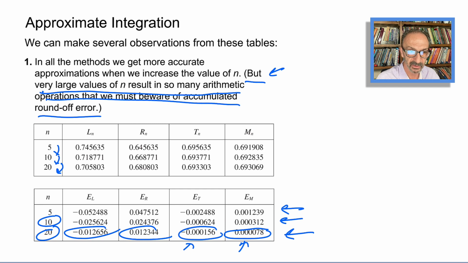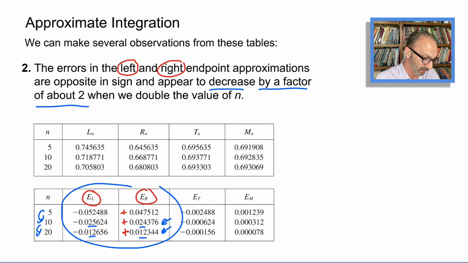Those calculations are not that easy, and we must be aware of accumulated round-off error. So it's not fully practical, but we know that increasing n will give us better results. Number 2, and the coming observations are more important, I would say.